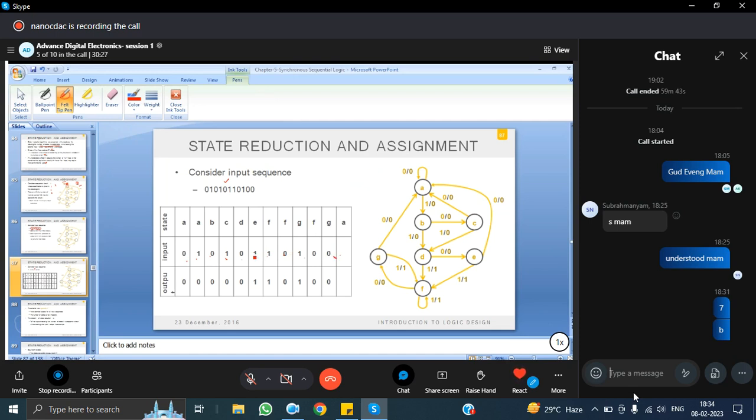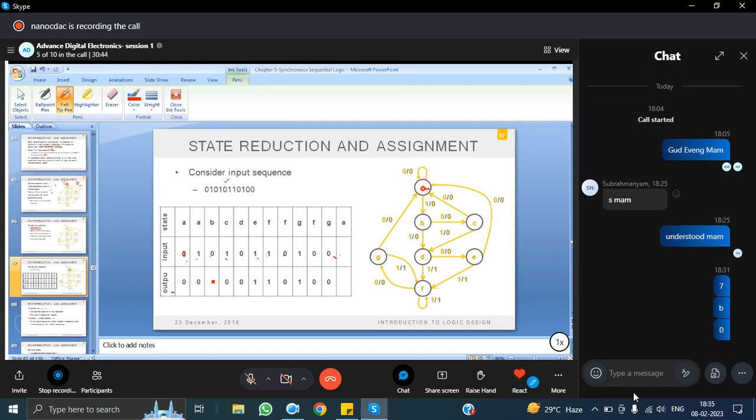Now it is in the present state A. The input is 0. What will be the output? The output is 0. When the input is equal to 1, what is happening?